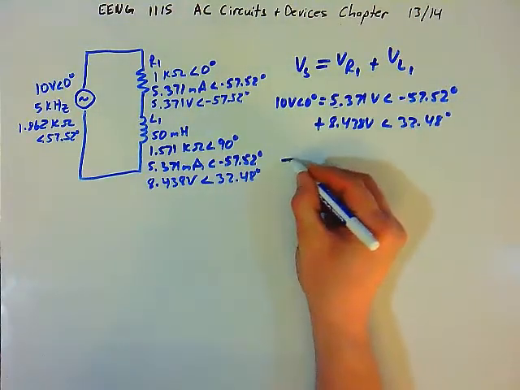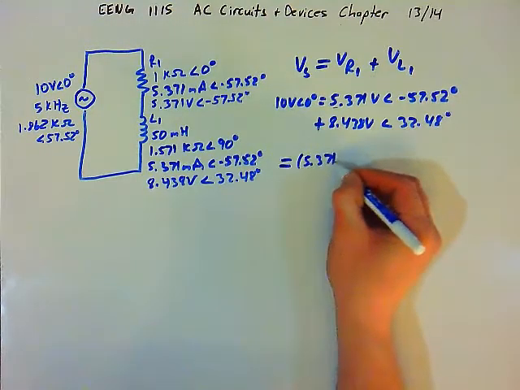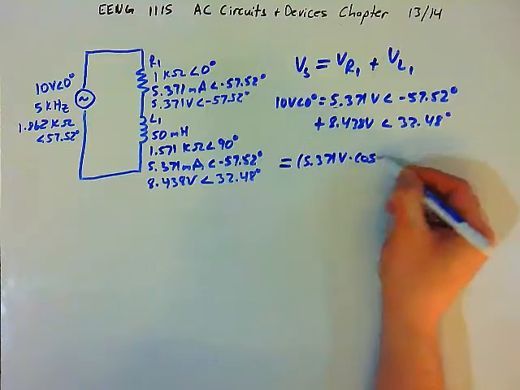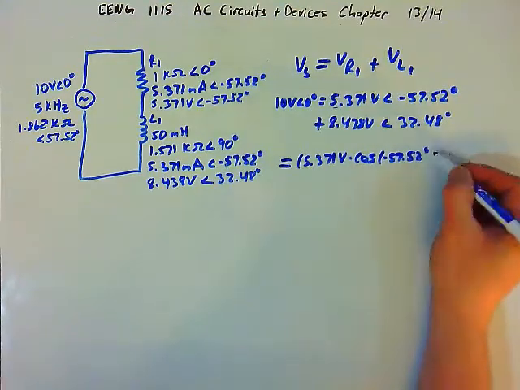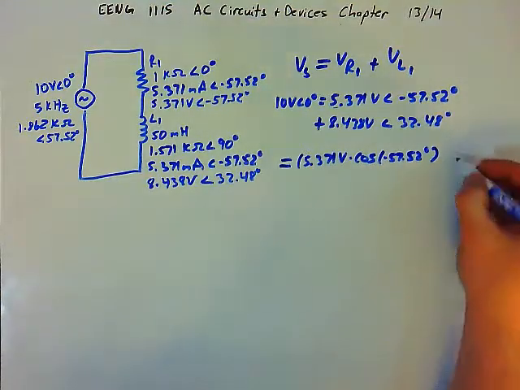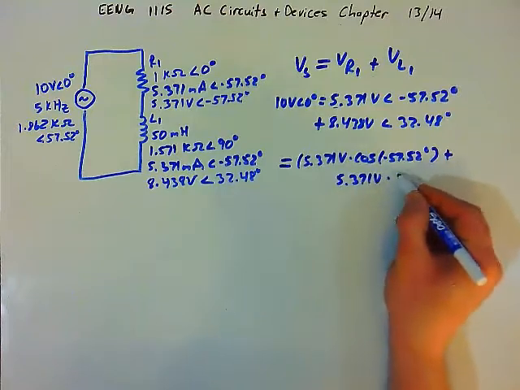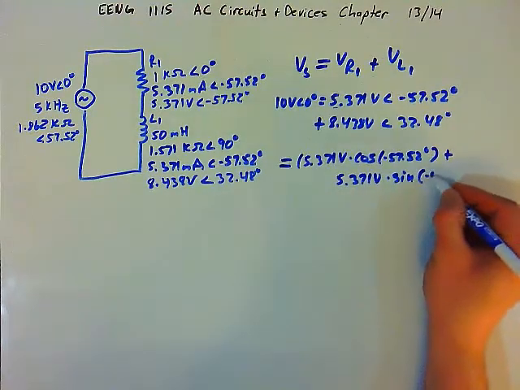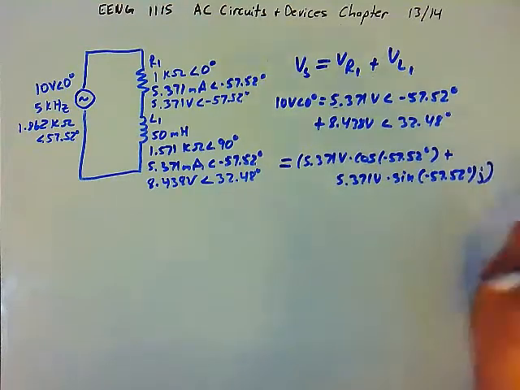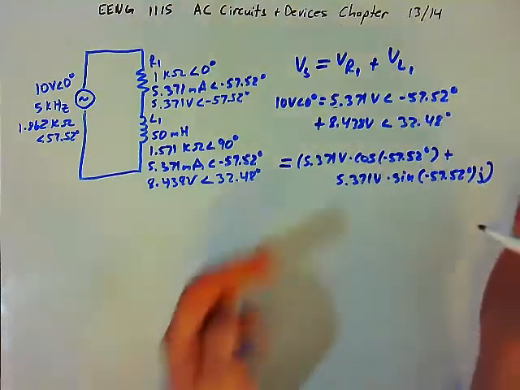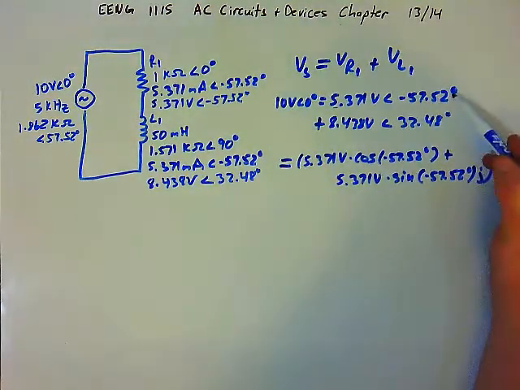And so we will take 5.371 volts times the cosine of negative 57.52 degrees, that is the x component, plus 5.371 volts times the sine of negative 57.52 degrees, that'll be the j component or the y component. Right, so that's all one vector. That's the xy representation of the first vector.